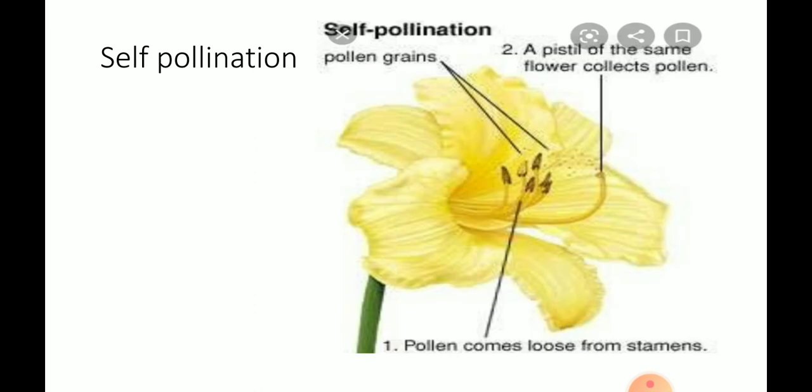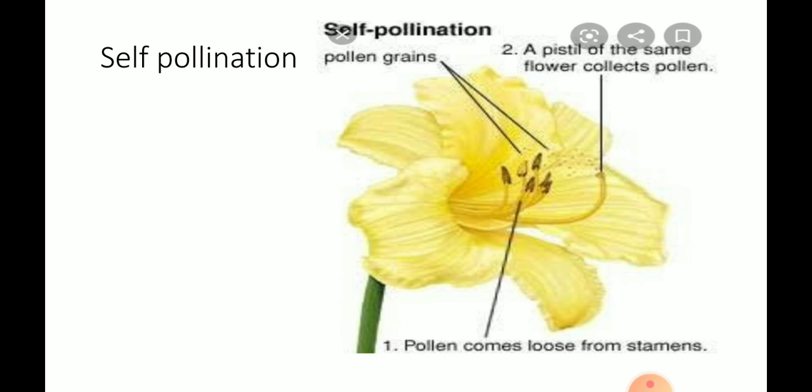So, in self-pollination, what is happening? The pollen grains are transferred from one flower to another flower of the same plant. We know that there may be many flowers on one plant. So the pollen grains are transferred from one flower to another flower of the same plant.